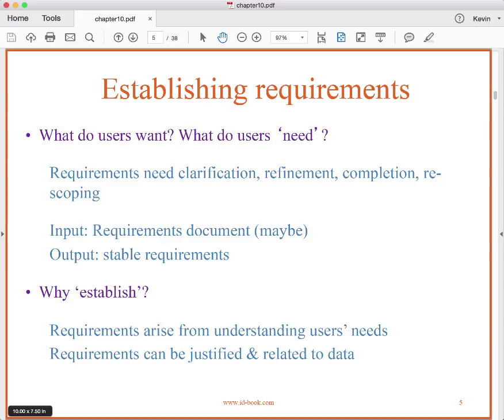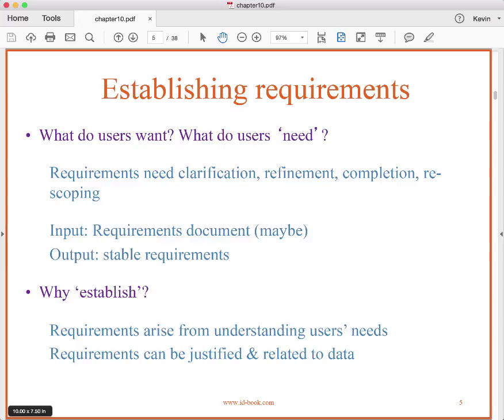And what we want to get out of the process is stable requirements, which I would call this. I think that we want an expression of the requirements that the various stakeholders can look at and come to consensus on.